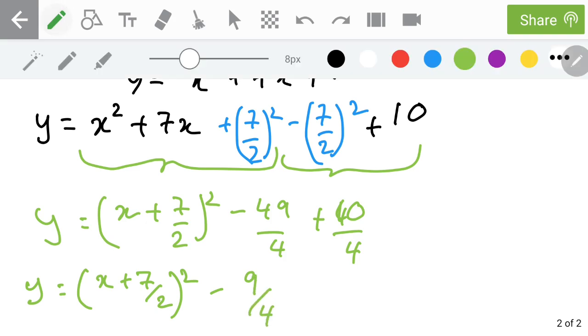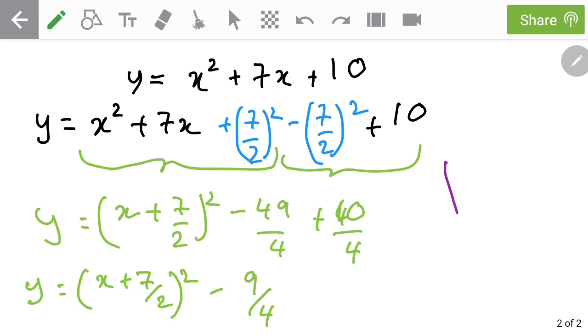Therefore, if you sketch a graph, this is a positive graph, so it's going to be a happy face, and your minimum point is going to be: your x is negative 7 over 2, and your y is negative 9 over 4.